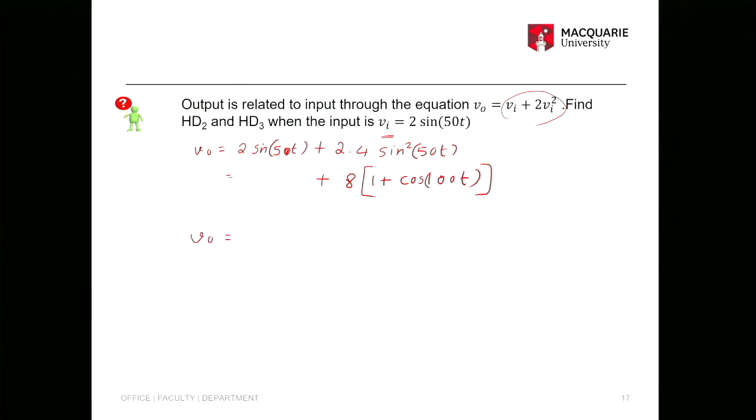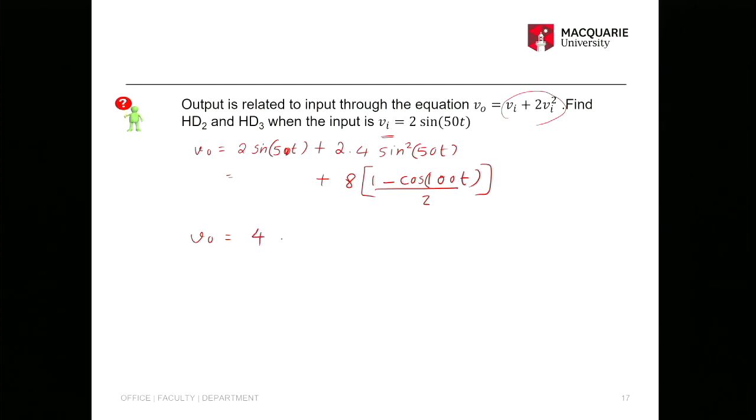So when you write V naught, let's write the DC term first. 8 divided by 2 is 4.